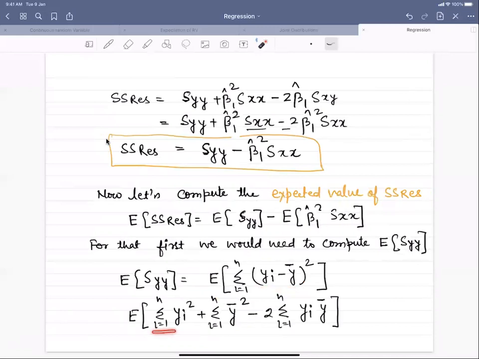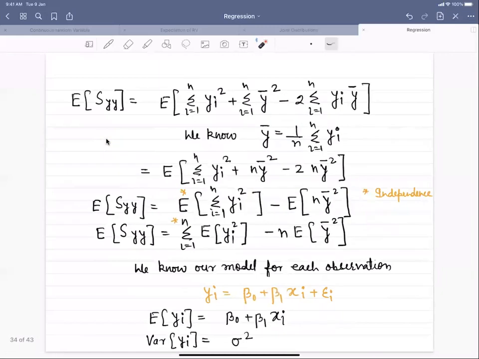Summation over i=1 to n of yi square plus summation over i=1 to n of y bar square minus twice summation over i=1 to n of yi multiplied by y bar. And we know that y bar is 1 by n times the summation over i=1 to n of yi. So I take the expectation operator also inside.